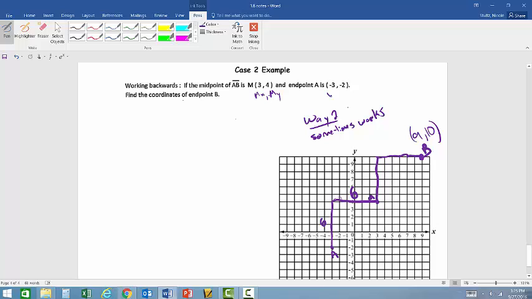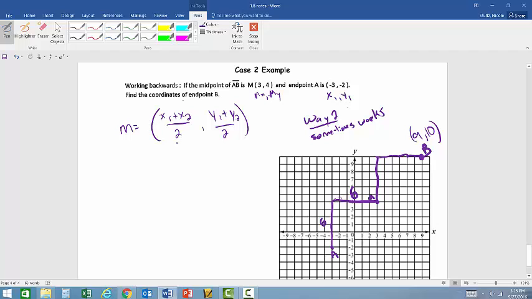But this one we can leave as x1, y1, because that is an actual endpoint. So if we remember our midpoint formula, it is x1 plus x2 over 2, y1 plus y2 over 2.